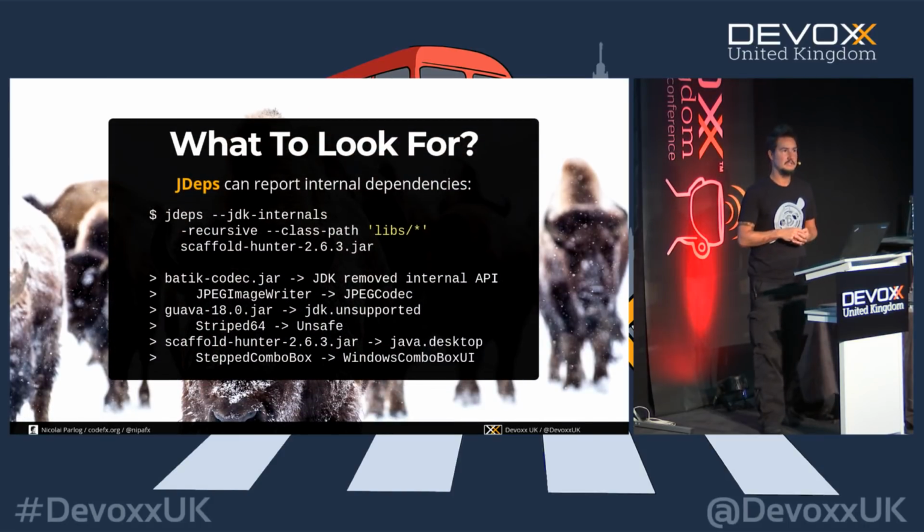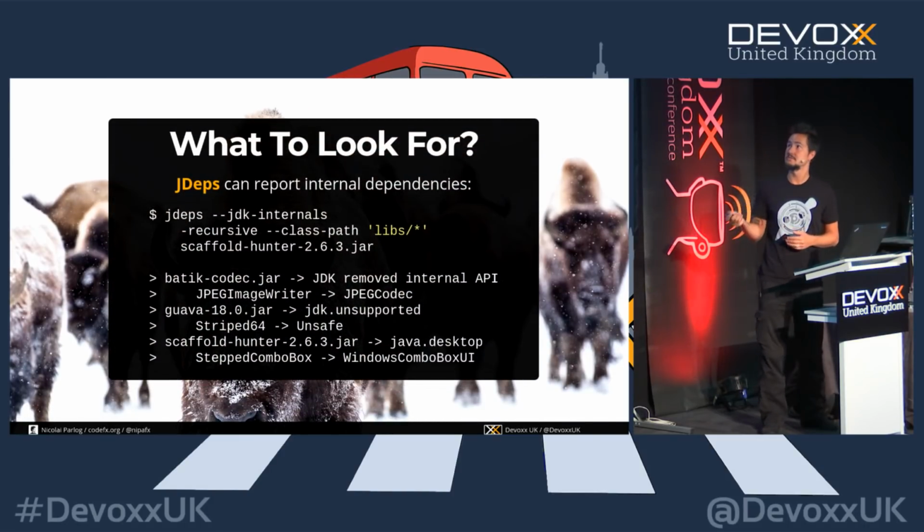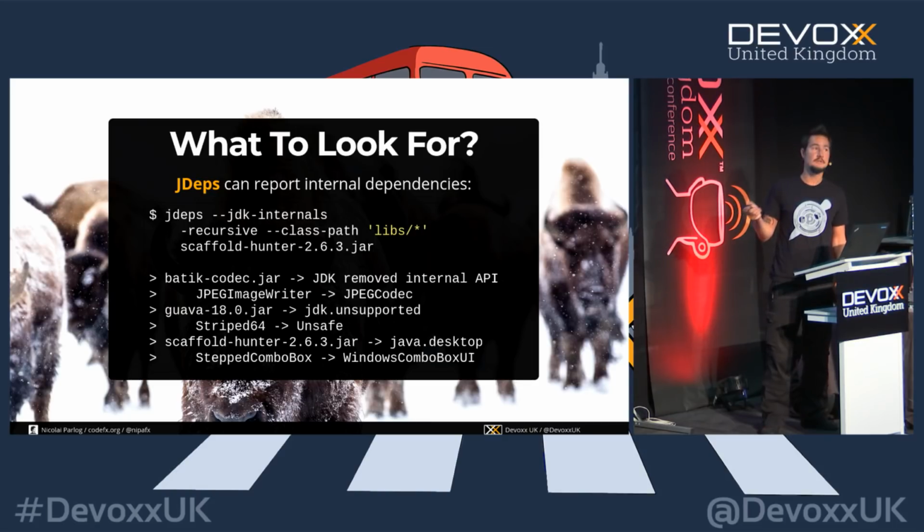So what can you do to find these? You can use jdeps, which is a cool new command line tool. It has a flag for JDK internals, and you can use it this way. I use it on a different project. This is my class path, and I tell it to recursively go not only through my code, but through all the code that I use, all the dependencies as well, and then it reports things like this.